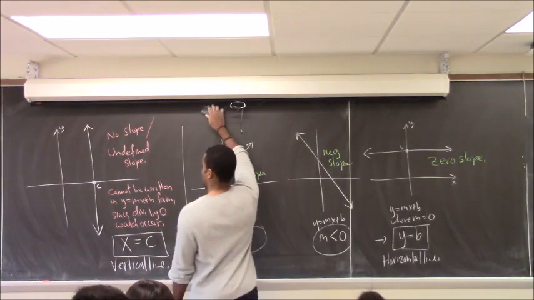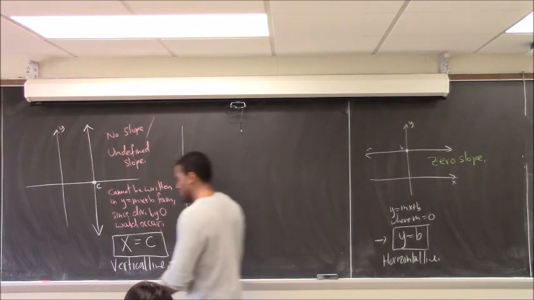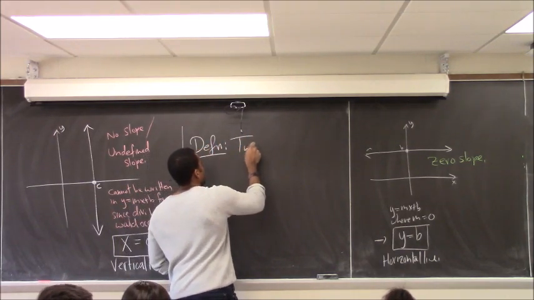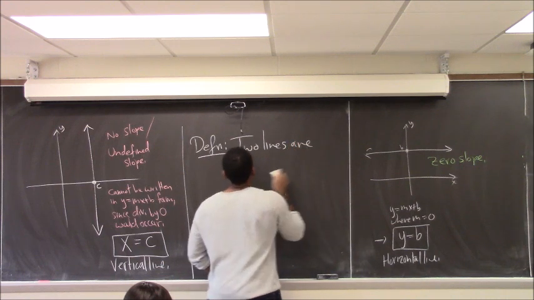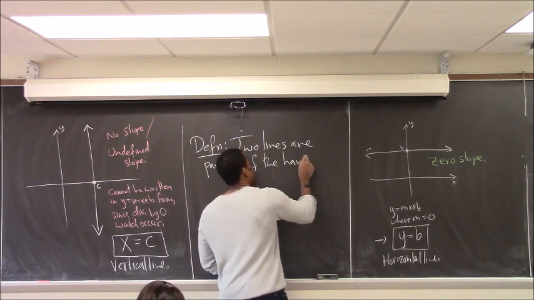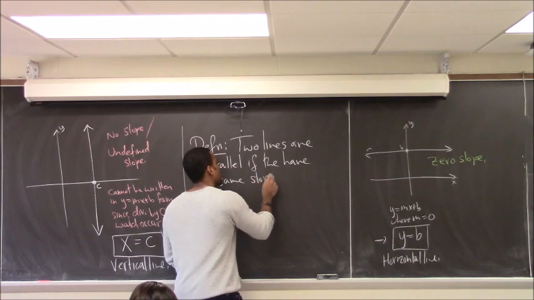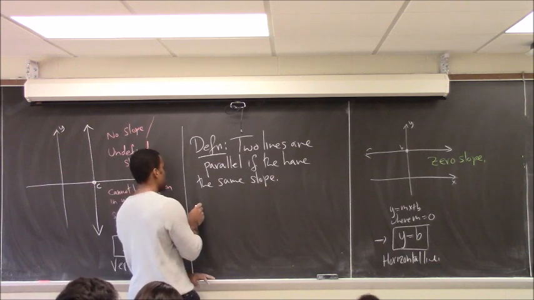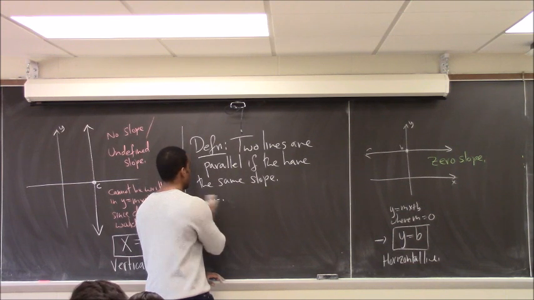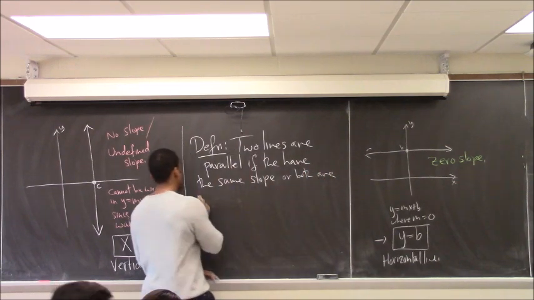So, two lines are parallel if they have the same slope, or both are vertical for the vertical line case.